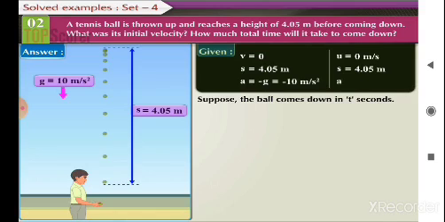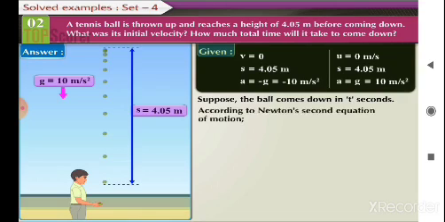Distance travelled by the ball on reaching the ground is equal to 4.05 meter. As the velocity and acceleration are in the same direction, A is equal to g is equal to 10 meter per second square. According to Newton's second equation of motion, S is equal to ut plus half of at square. 4.05 is equal to 0 into t plus half of 10 into t square.